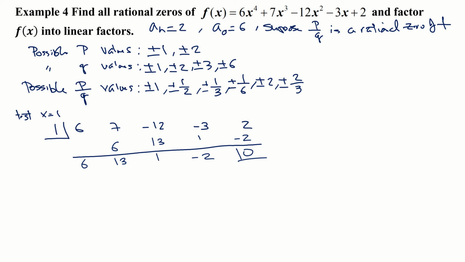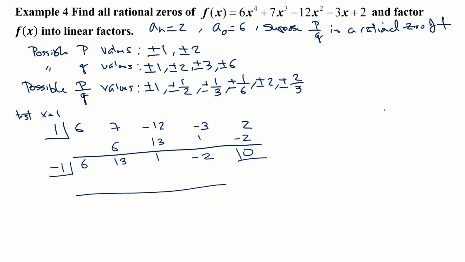All right, so now we're going to try maybe negative 1, okay? Now remember, you don't have to go back to the original function to try negative 1. You can just try it with the reduced quotient that's left over, right? So we'll see if negative 1 works with that one. That means we're trying to see if x plus 1 is a factor, right?